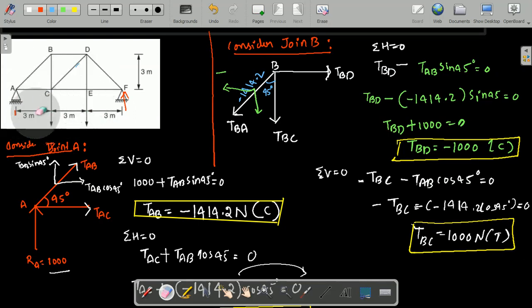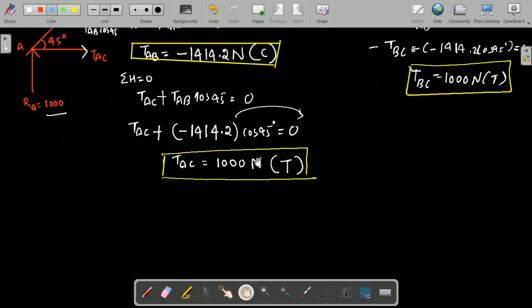Just I am considering the joint A, I am writing the free body diagram here. So now which joint am I going to consider?